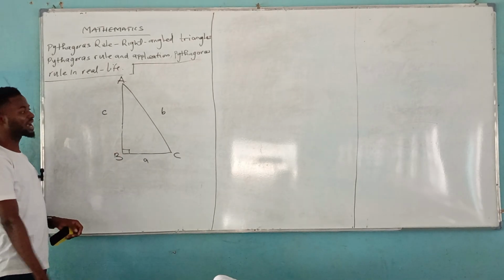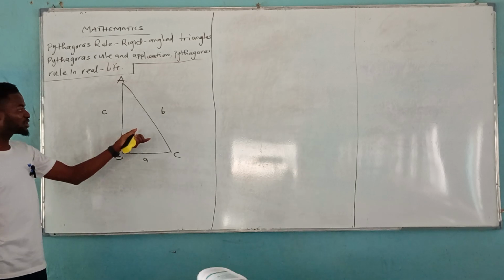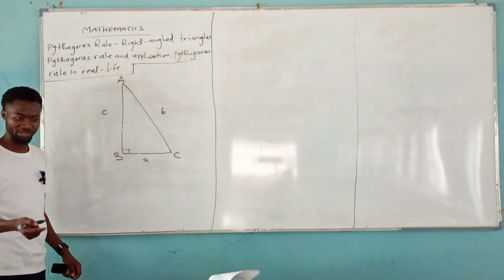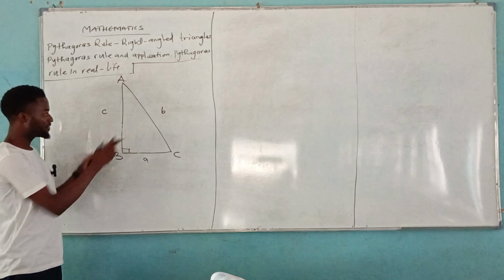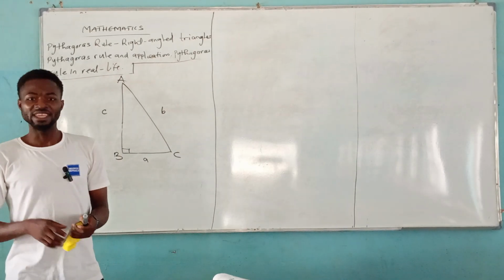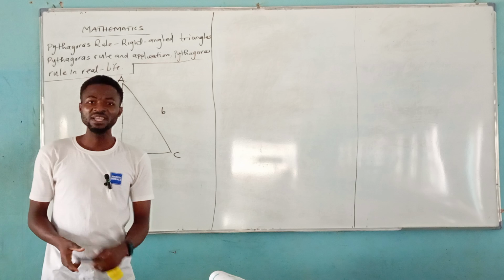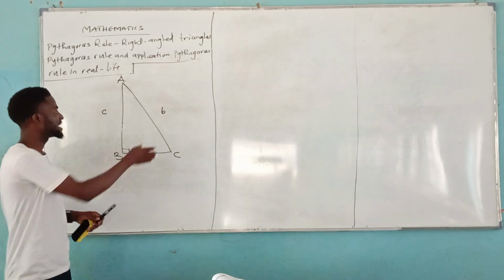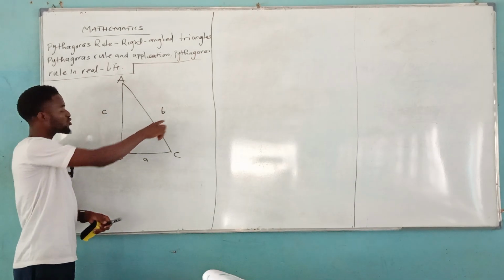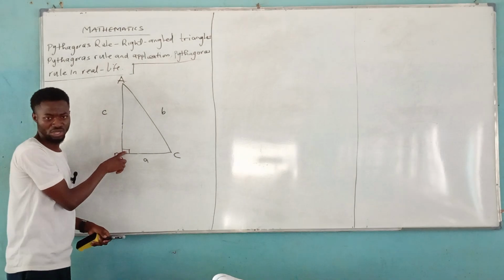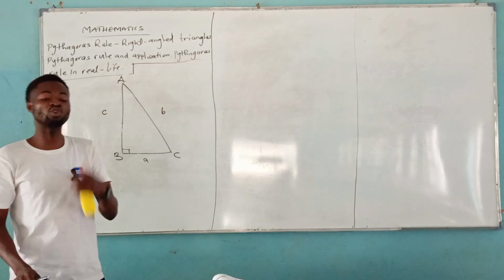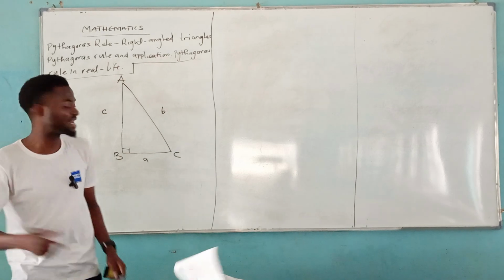So from here, this is a right angle triangle. For us to interpret the Pythagoras theorem, the theorem states that in a right angle triangle, the square of the hypotenuse side, this side, because this side is our hypotenuse, the side opposite our right angle, is equal to the sum of the squares of the two other sides.